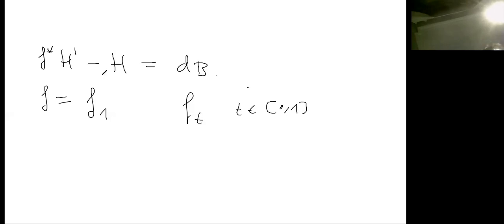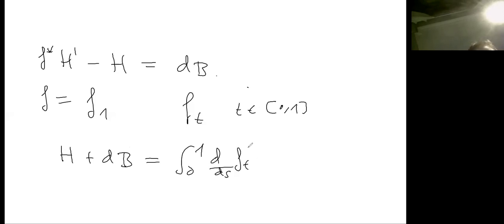Then, applying the fundamental theorem of calculus here, you have that H plus dB equals the integral from 0 to 1 of the derivative, this is an S, and this thing is the Lie derivative with respect to the one parameter family of vector fields generating ft of H prime.